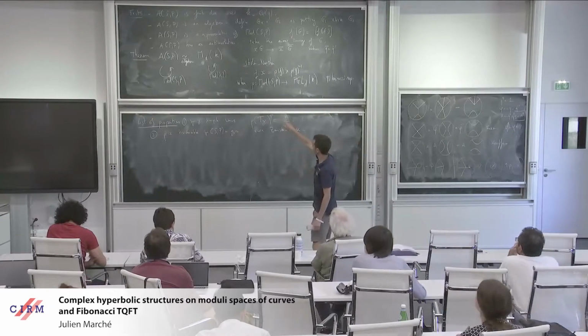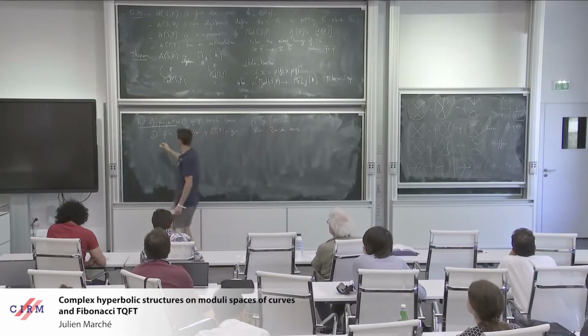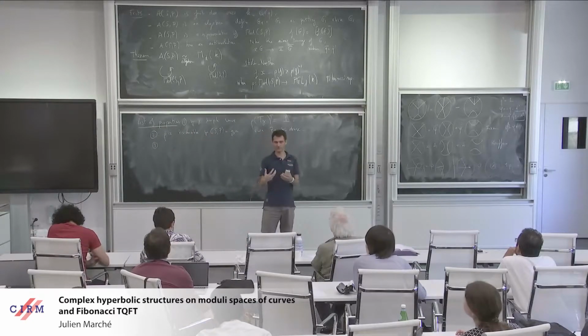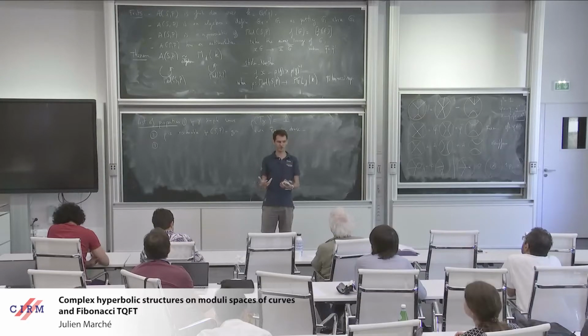Because of the anti-involution, which you may notice, maybe you know that in a matrix algebra, if you have some anti-involution, there is a dictionary: it corresponds to a Hermitian form.